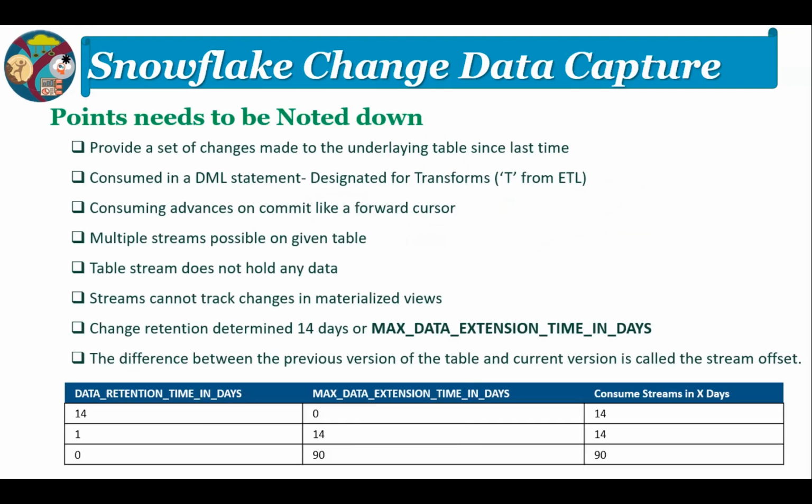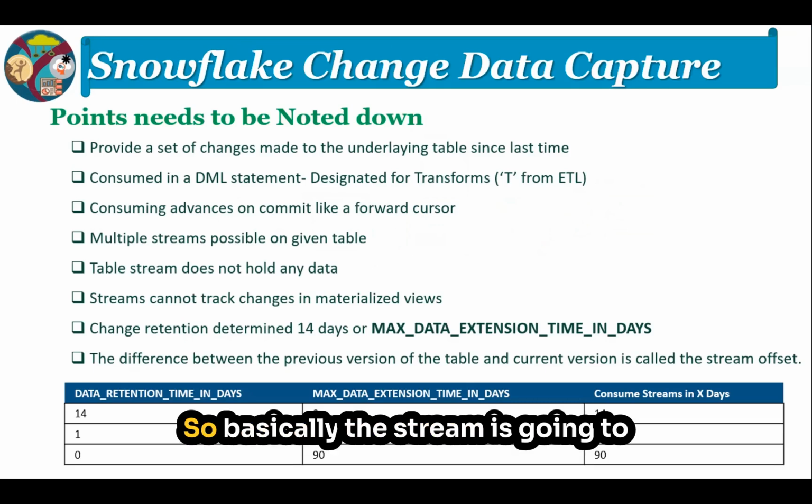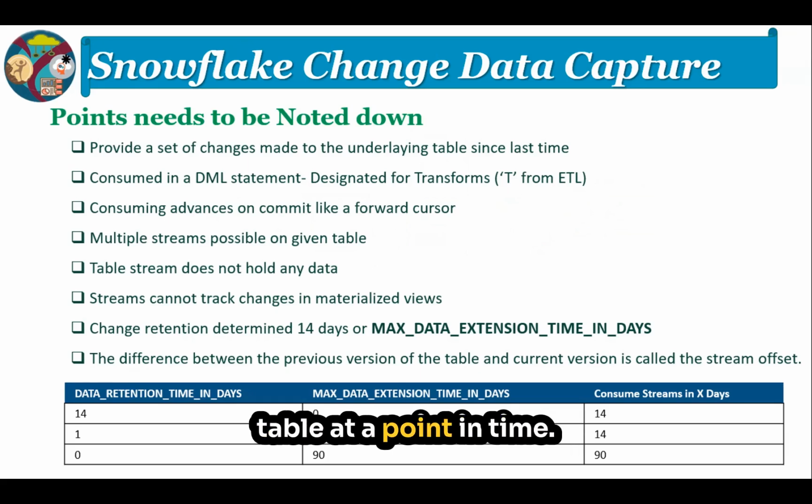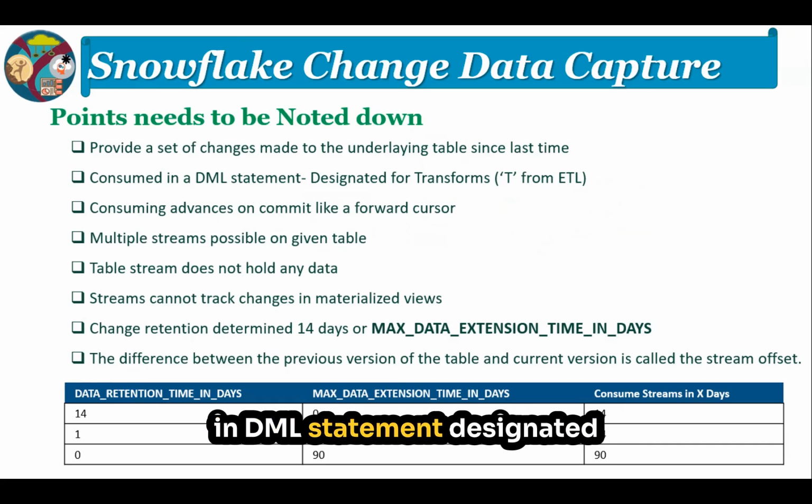So what key points do we need to remember as part of the stream? Basically, the stream captures all the DML operations performed on that particular table at a point in time. And the second one is that it is consumed by a DML statement designated for the T, transform, from ETL.